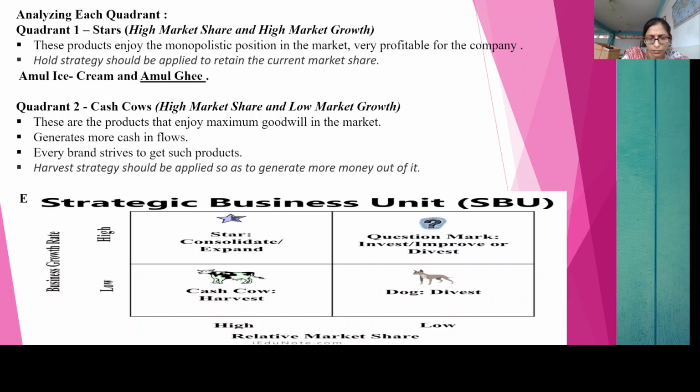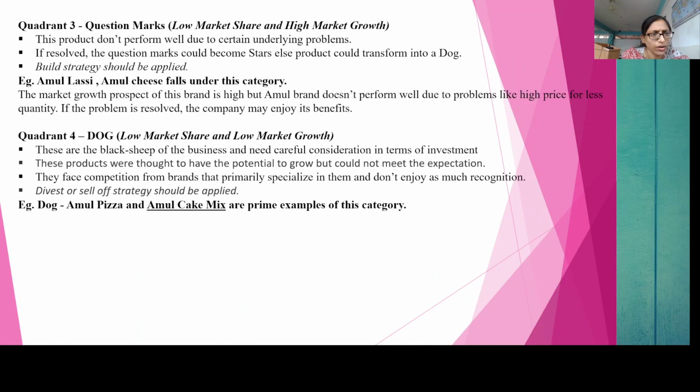And in quadrant 3, it is question marks. These products are having certain problems because of which they are not performing as well. They have low market share, but in future they might have high potential to grow.